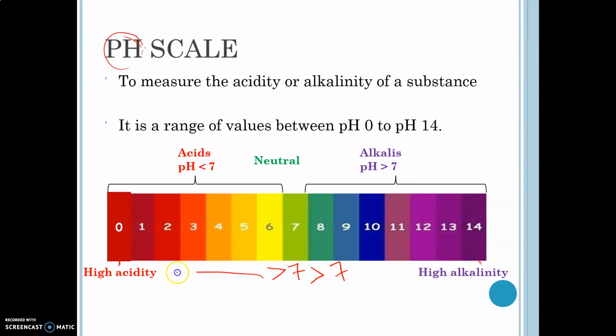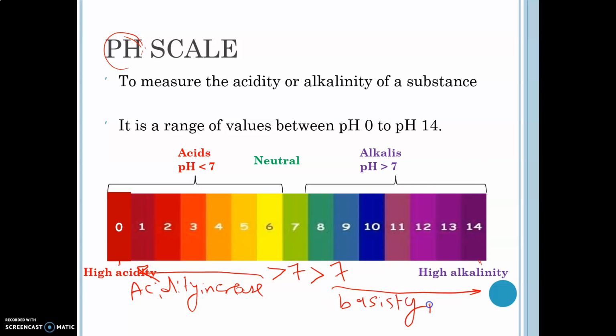If you're going from 7 to 0 or 1, this means that acidity increases. And if you're going from 7 to 14, this means basicity increases.